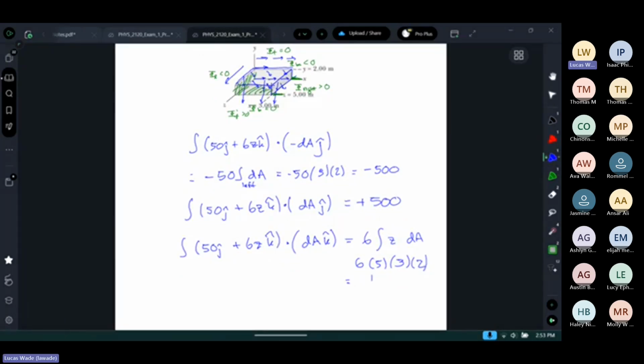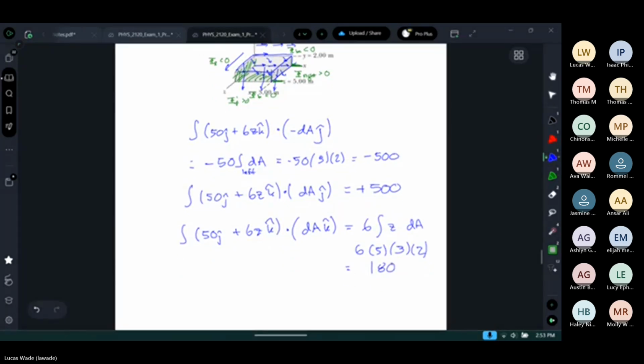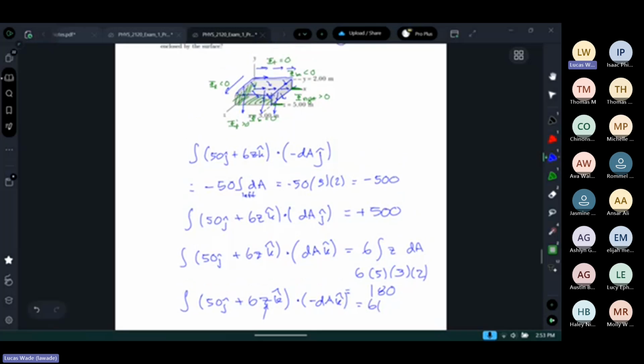So that's 180. And then for the back face, it is the same thing, except I'm evaluating z on the back face. So 6 times on the back face is 0. And so I end up with 0 for this.